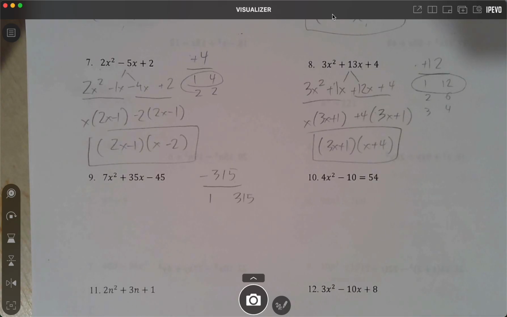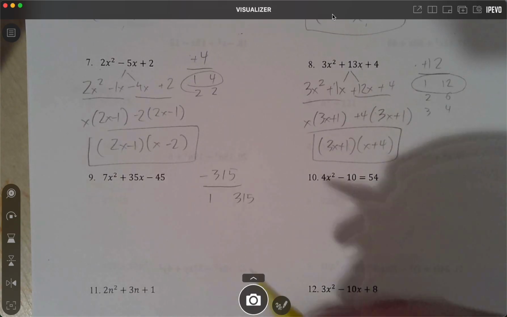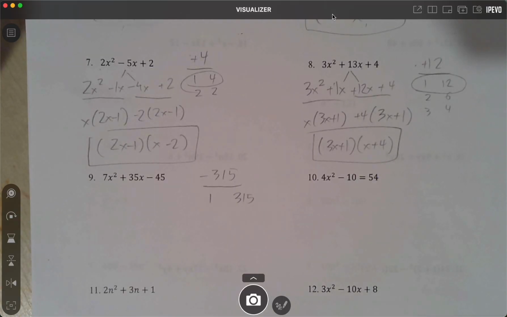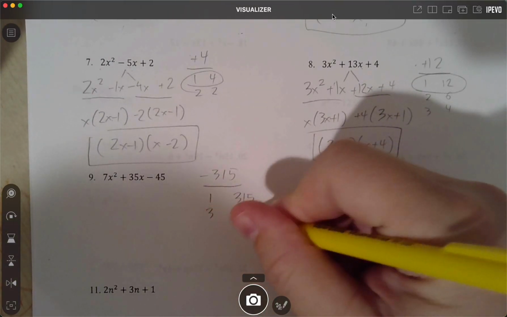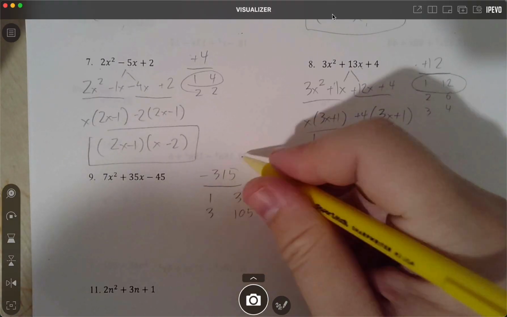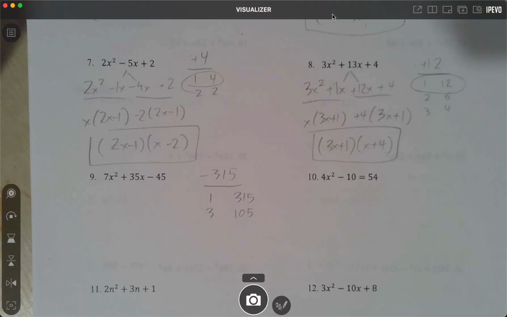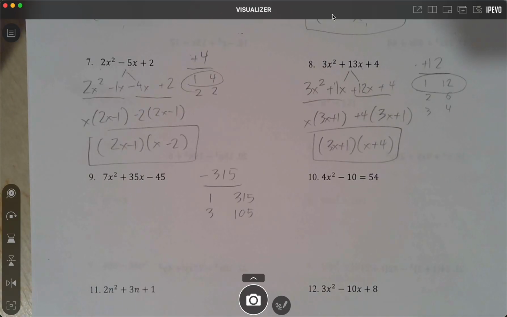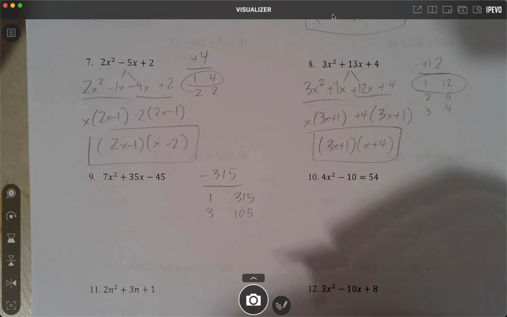But 3 works. 315 divided by 3 is 105. Up next, does 4 work? No, and that's not surprising because this is odd. But 5 works. 315 divided by 5 is 63.